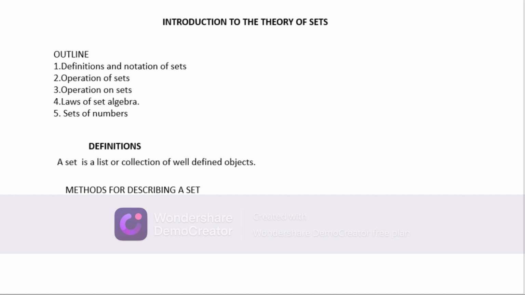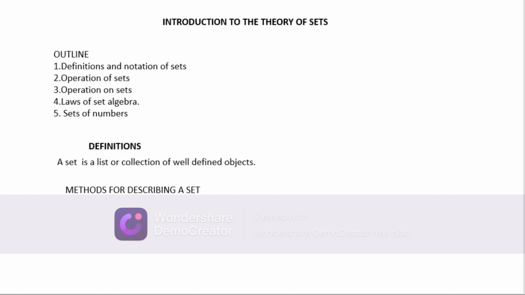Now again, there are methods for describing a set. There are two methods. The first one is the roster method, or listing method, also called tabular form.